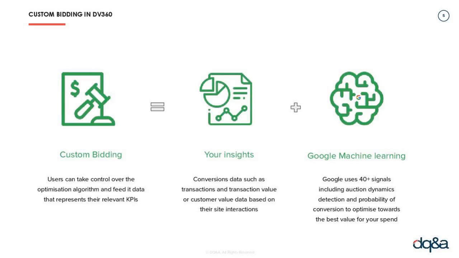Meaning that you're looking into leveraging your insights, so your conversion data, like transactions or transaction value or customer value data based on their site interactions that you are able to capture, for example, by custom floodlight variables. Combining that with Google's machine learning, you're able to use over 40 different signals, including auction dynamics and the probability to convert, allowing you to optimize towards the best value for your spend.